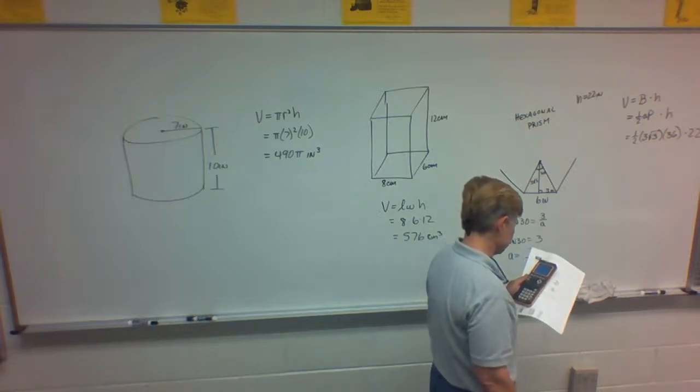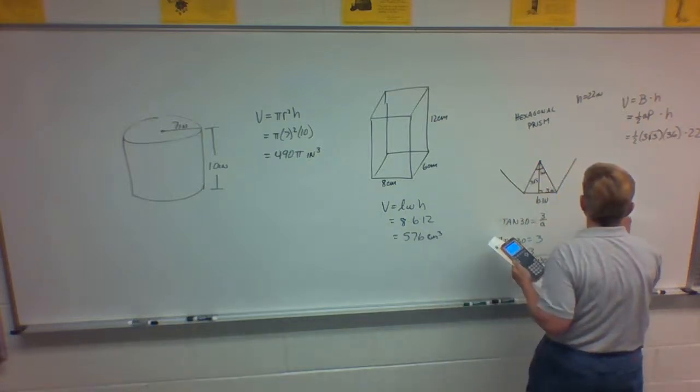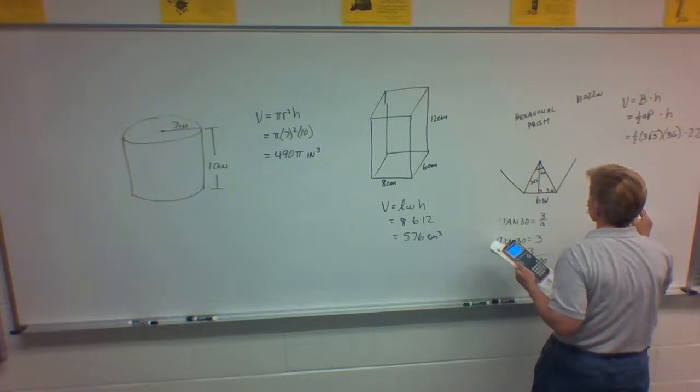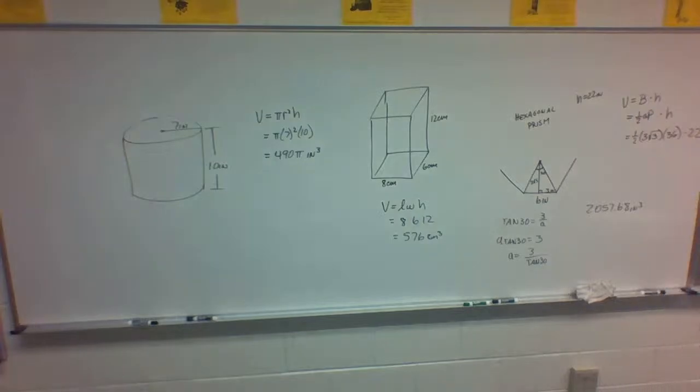I get 2057.68 inches cubed, because we were finding the volume of a Toblerone box. Everybody good with this? Yeah.